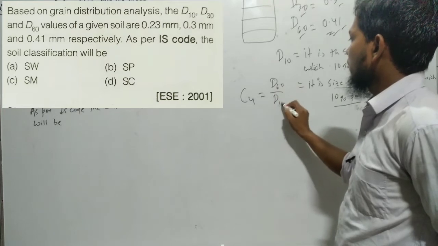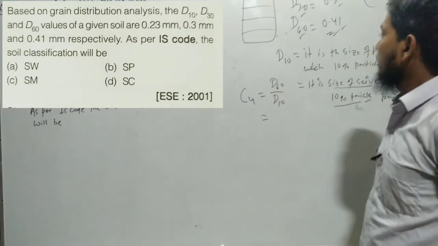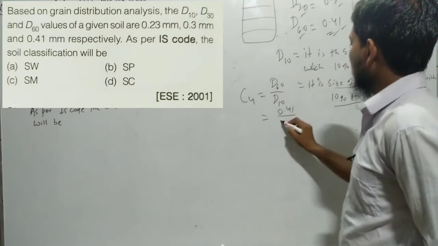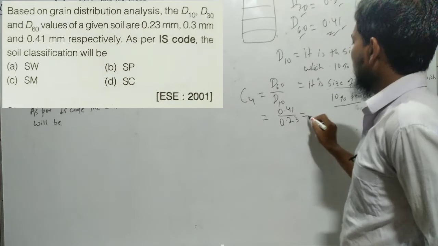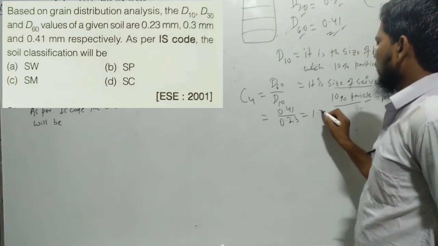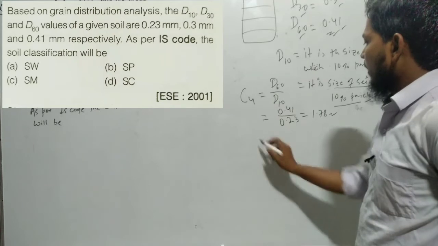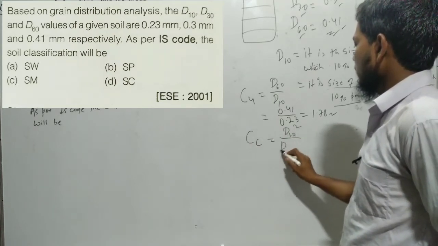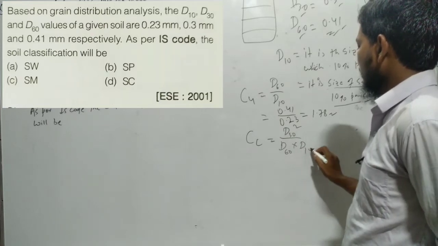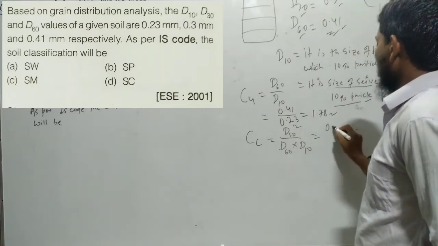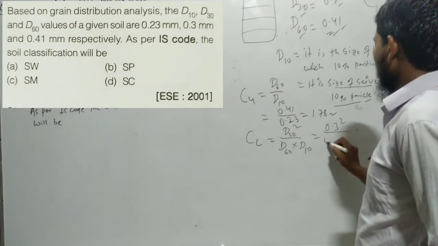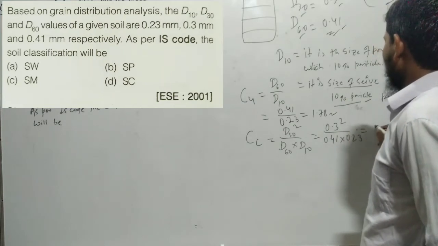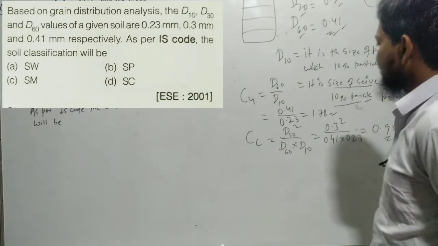D60 is 0.41 and D10 is 0.23, so it will be about 1.78. And Cc equals D30 square upon D60 into D10. D30 is 0.3 squared, upon D60 0.41 and D10 0.23, I think it is 0.95.